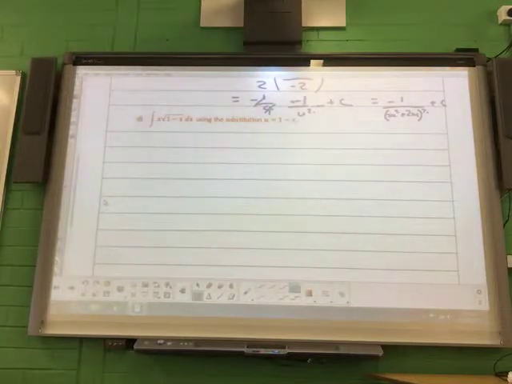Alright, so let's make that. As it stands at the moment, if we don't make a substitution, we don't actually have the technique to be able to integrate that. We can't just do the opposite of the product rule for differentiation. Okay, it doesn't work that way. So we need to have other skills to be able to integrate.